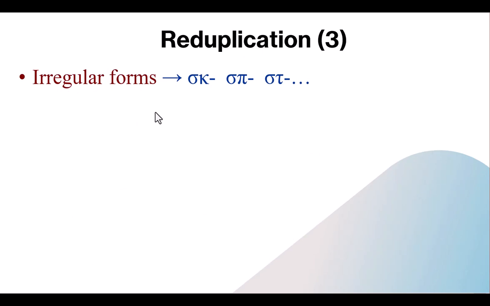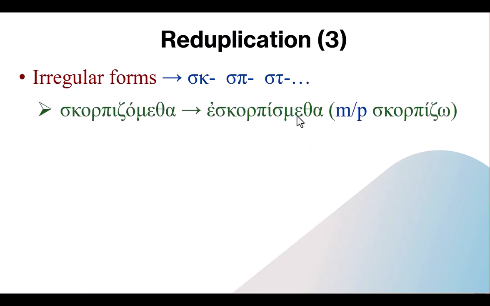One final note on reduplication, there are a few forms that are irregular, including those beginning with sigma kappa, sigma p, sigma tau, and a few others, where instead of reduplication, they just add an epsilon. So for instance, the verb skorpizomai, this would be the present tense, we are scattered, and the perfect of this, instead of seskor, it's going to be eskor, eskorpismetha.